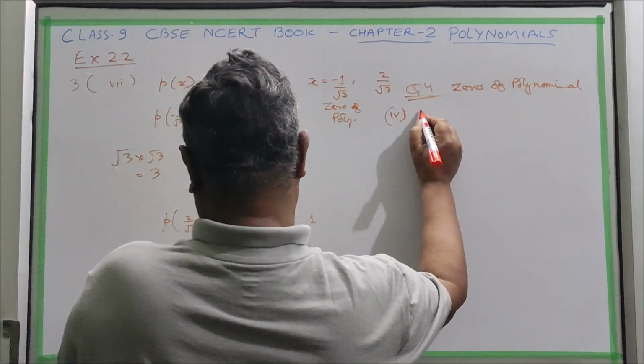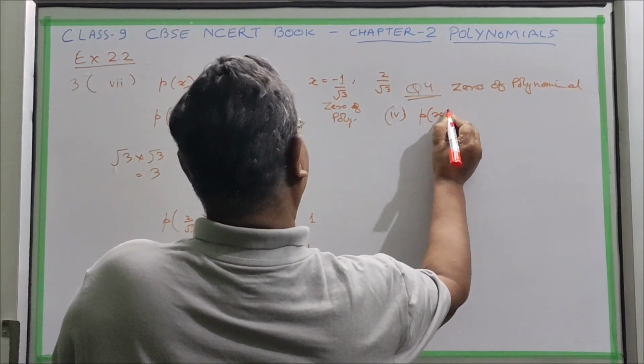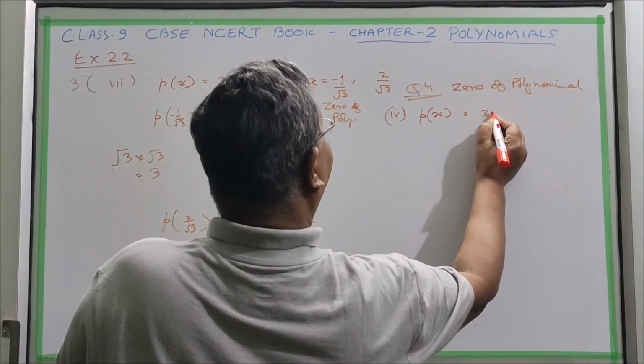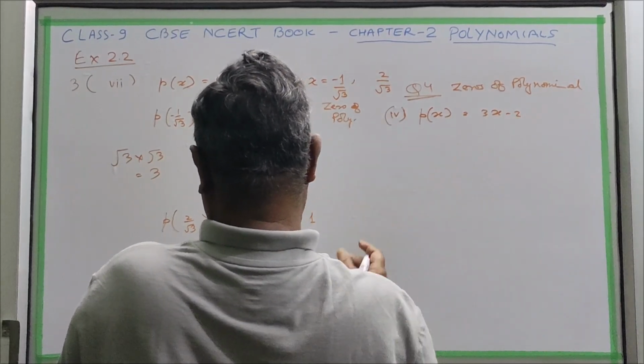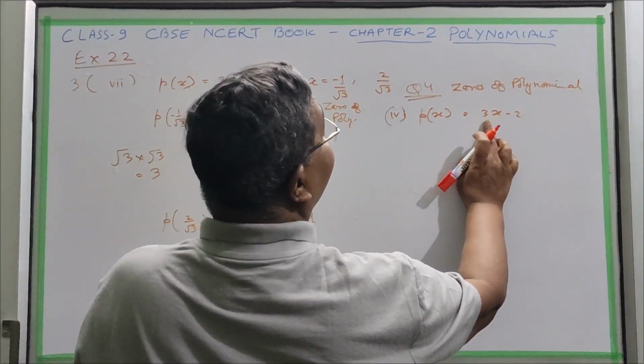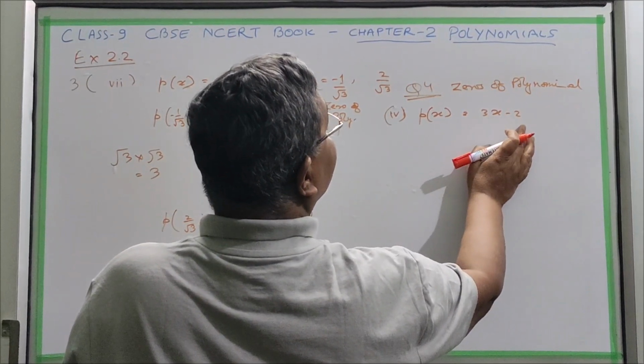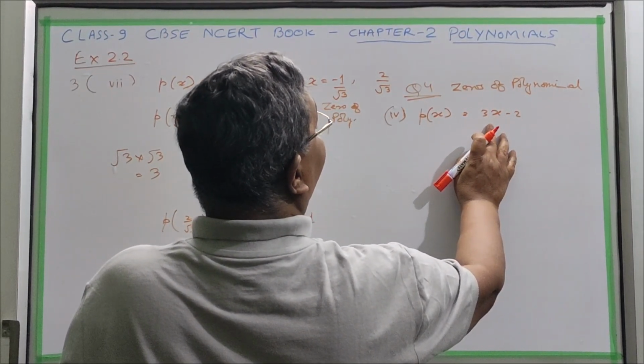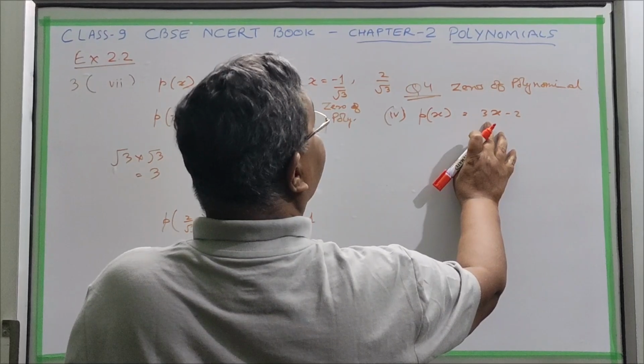The fourth one is P(x) is equal to 3x minus 2. Find that. Here we will start with some figure whose value should come to 0.